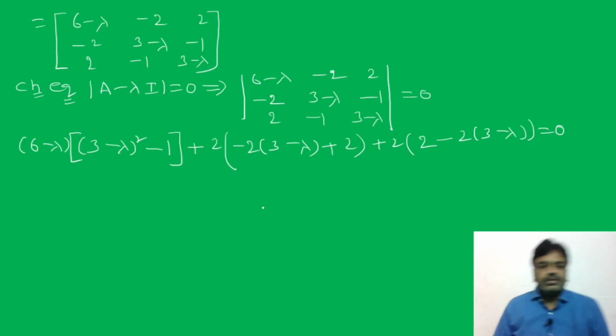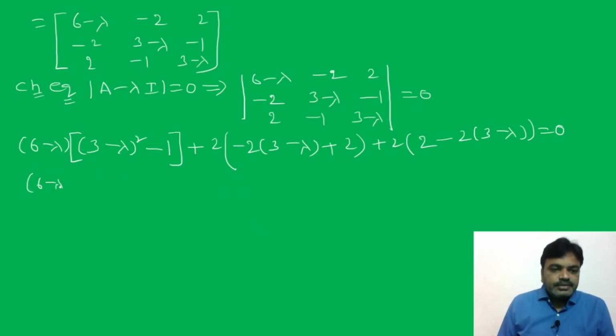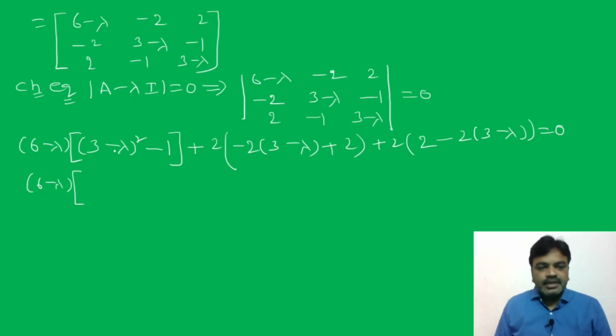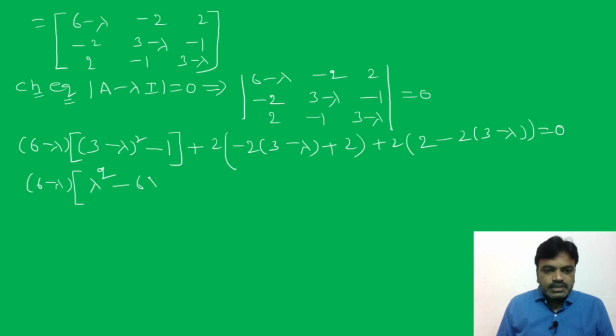That is equal to 0. Now, 6 minus lambda, okay, expand, friends. Here we get lambda square minus 2 into 3, 6 lambda, 3 square plus 9 minus 1, 9 minus 1 means we get 8, plus 2 into, multiply with minus 2.